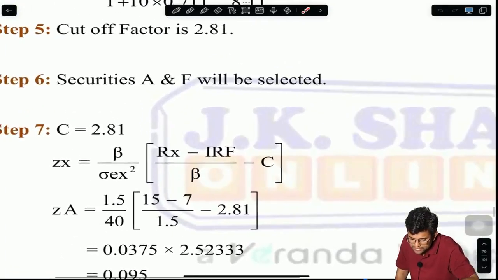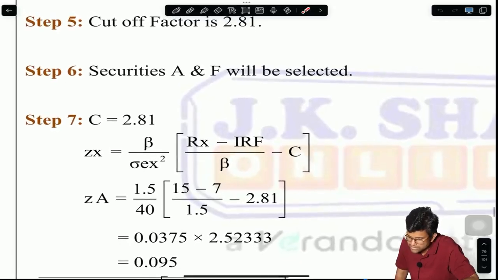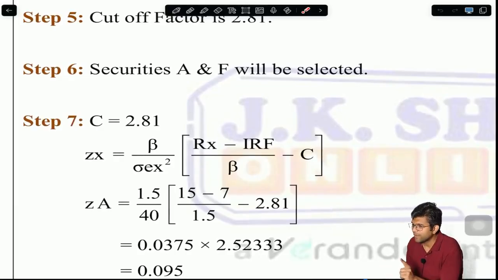Anyways, so Z, what are they saying? You have to find the Z value. Are you all there? Students, you have to find the Z value of A, you have to find the Z value of F. Everybody listening, no? A and F both you will have to calculate. Now very simple actually, if you remember the formula, you have to just put the numbers, there is nothing else. Sometimes students do this.